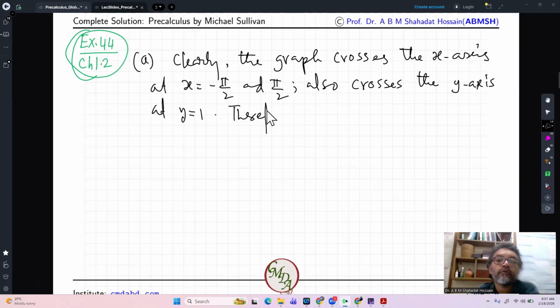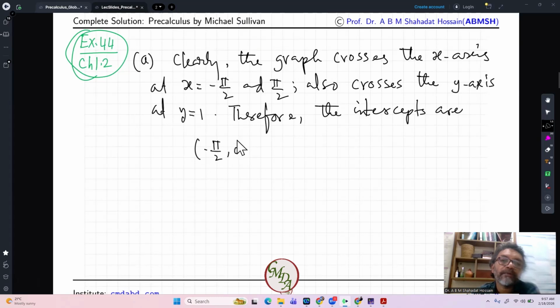Therefore, the intercepts are (-pi/2, 0), (pi/2, 0), and (0, 1).